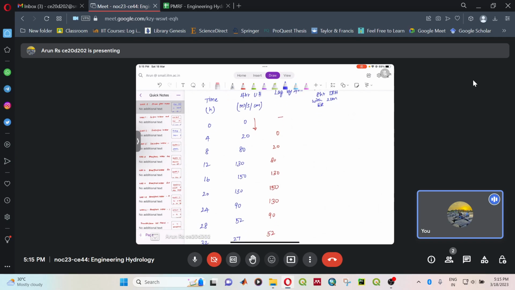So for this we are going to add the values in this column, sum it up and then write it here.